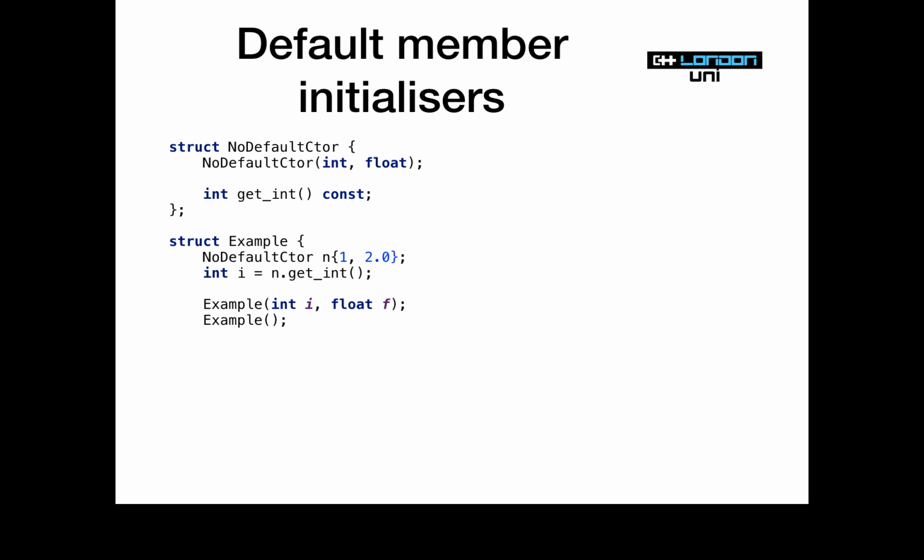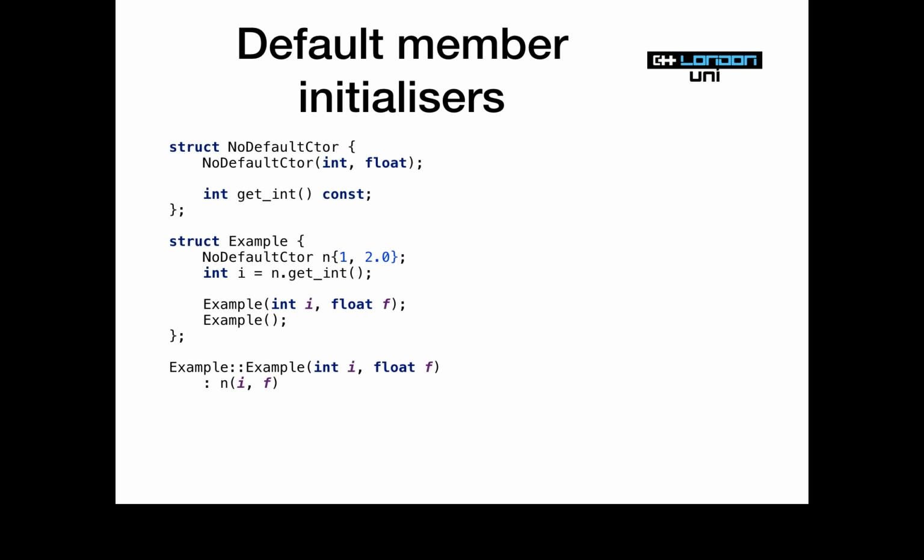So now I'll give an example. Two constructors, a default constructor and a constructor taking an int and a float. I'll write this constructor first. We can say example, constructor taking an int and a float, and in my member initializer list, I'm going to pass i and f to n's constructor, so this constructor here.